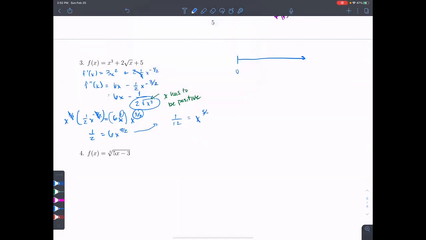We need to get x by itself, so raise each side to the 2/5 power. Here we go. 1/12 to the 2/5 is x. 1/12 to the 2/5 power.